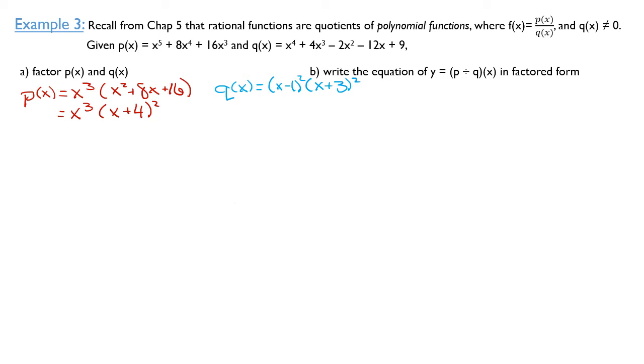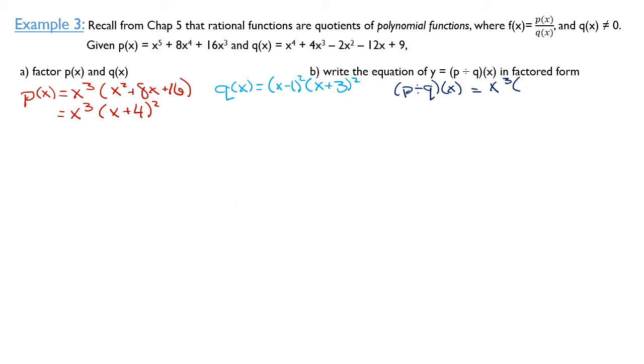in factored form. Let's write it like this: P divided by Q(x) in factored form. That's our y. That's equal to, so P(x) was my numerator. That's x cubed. You're really supposed to write x's like this, but it's hard with the stylus that I have.